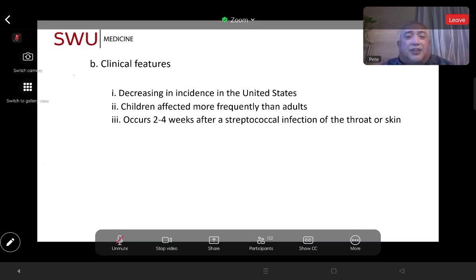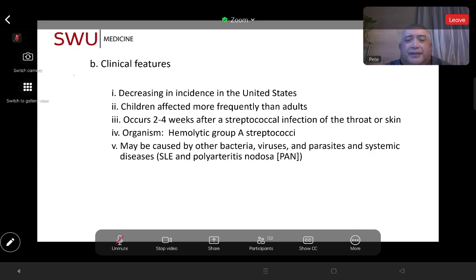It occurs 2 to 4 weeks after streptococcal infection of the throat, and also streptococcal infection of the skin. Okay. The organism is hemolytic group A streptococcus. It may be caused by other bacteria and other diseases.